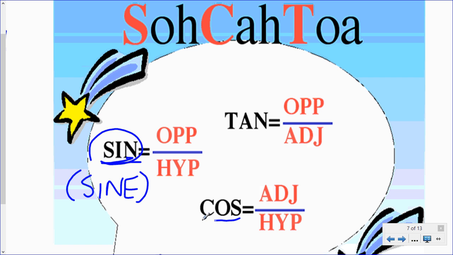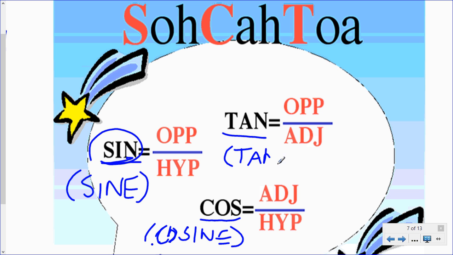Cosine, which we abbreviate with COS, but again, the full word is COSINE, cosine. And then the third one is tangent, which we abbreviate with TAN, but again, the full word is TANGENT, tangent. And these are ratios of the sides of right triangles.